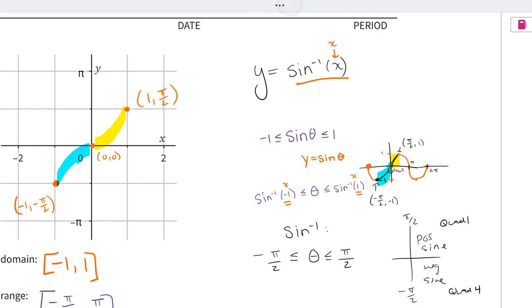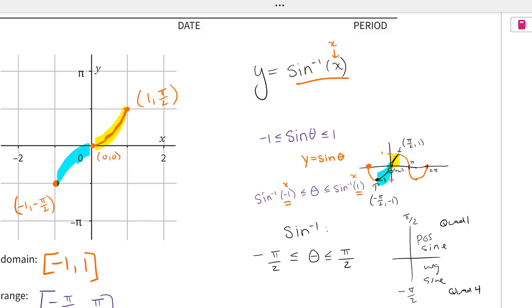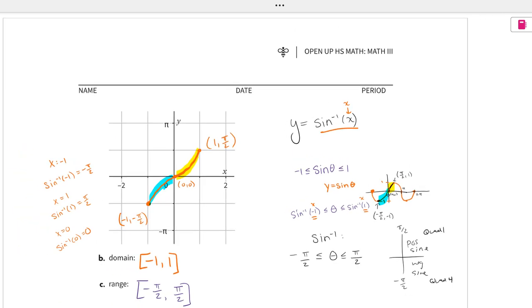And I hope you excuse my language there too, because it's curving upward. Now, I didn't describe those very perfectly, but hopefully we can see that we are reflecting it over y equals x there. So there is our graph for y equals sine inverse of x.